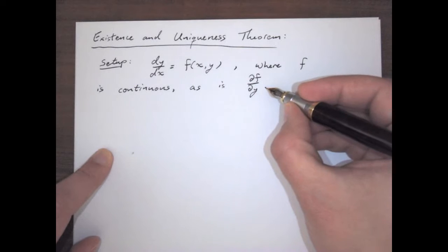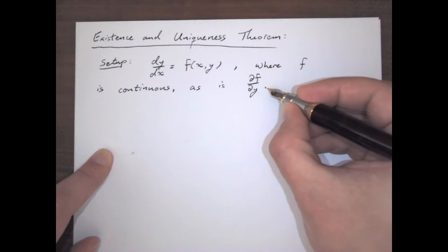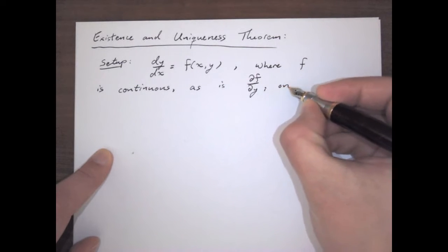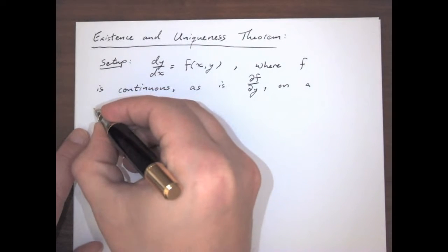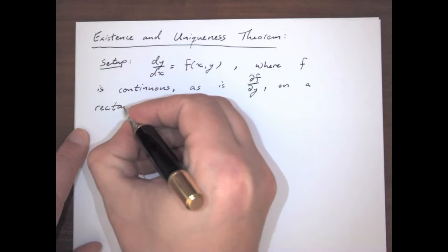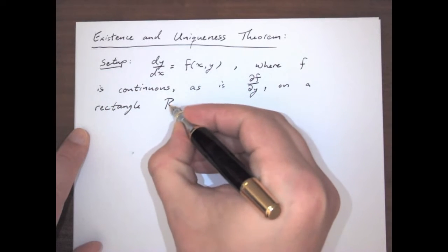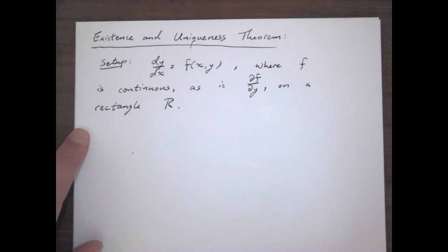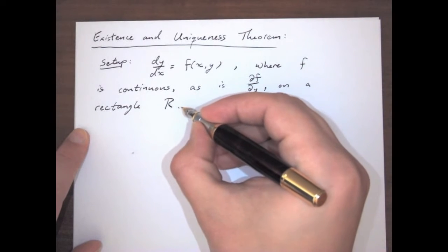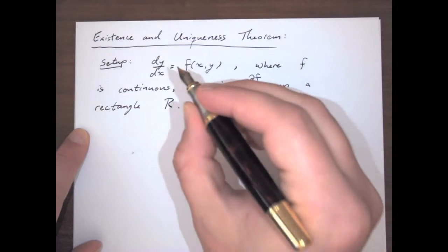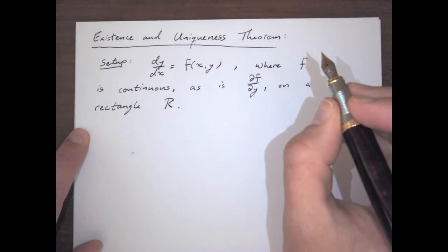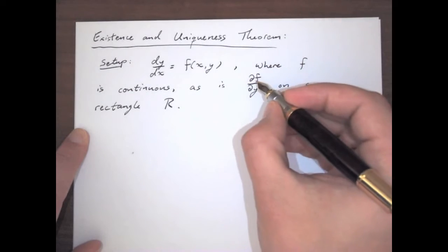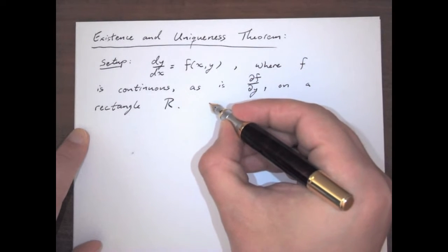So that's the setup we've got here, and actually I should say it's continuous, as is that, on a rectangle which we'll call R. It doesn't have to be continuous on the entire xy plane. There's just some rectangle within the xy plane for which this function and its partial derivative with respect to y are both continuous.